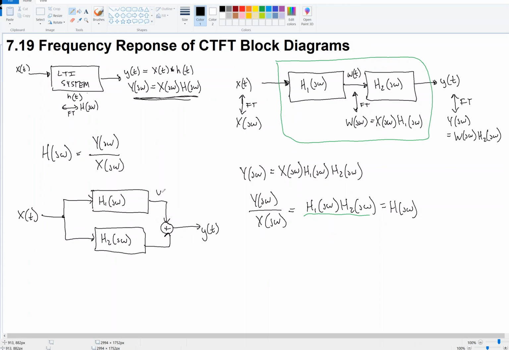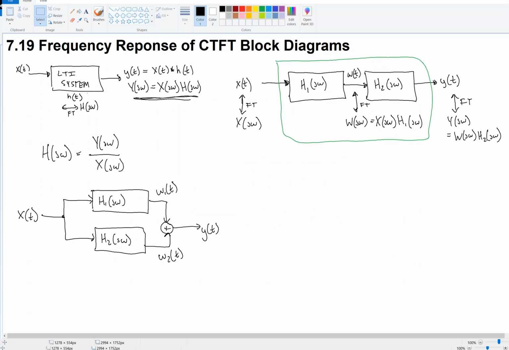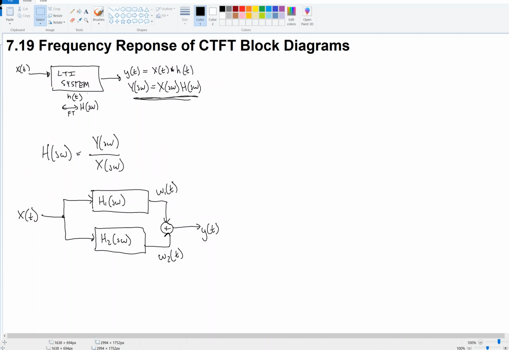So we might call this intermediate signal W1. We might call this one W2. We're interested now in what is the overall frequency response of this circuit. So I'm going to erase this. Again, feel free to pause the video.